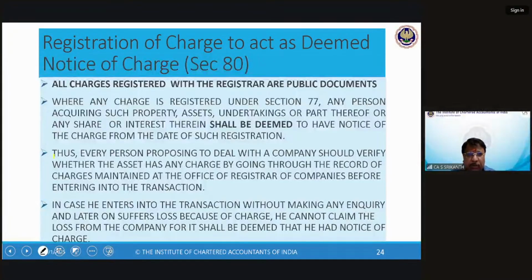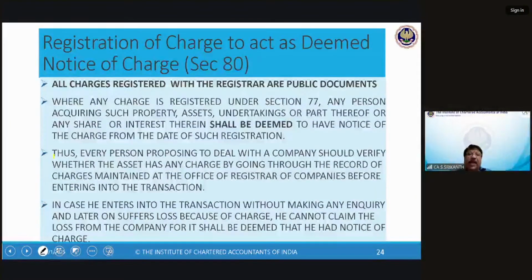Any document or paper which is filed with the registrar becomes a public document, meaning everybody can see it. Therefore, anybody who wants to deal with the company shall be deemed to have notice, shall be deemed to have read it. Even though they have not read it, even though they have not seen it, because it has become a public document, they shall be deemed to have read it.